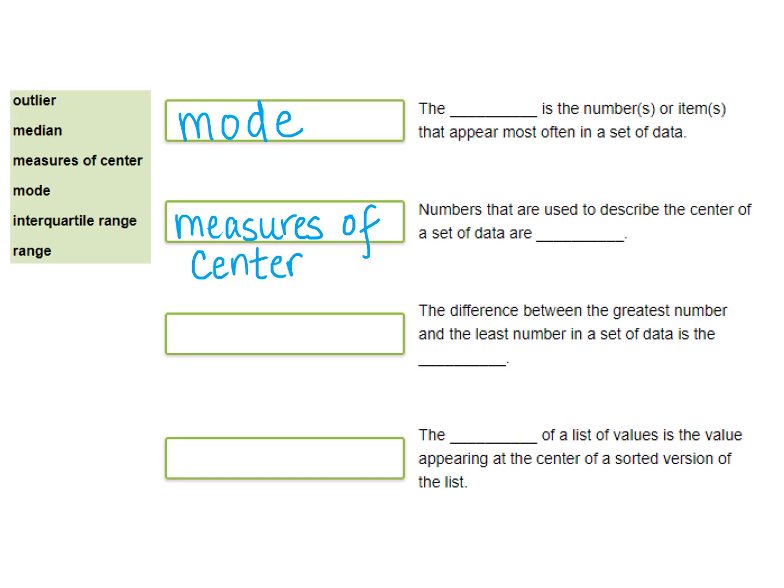The difference between the greatest number and the least number in a set of data is the range. The blank of a list of values is the value appearing at the center of a sorted version of the list. That is the median.